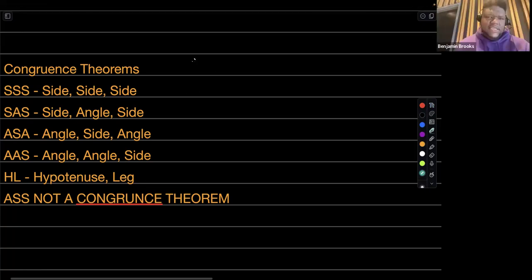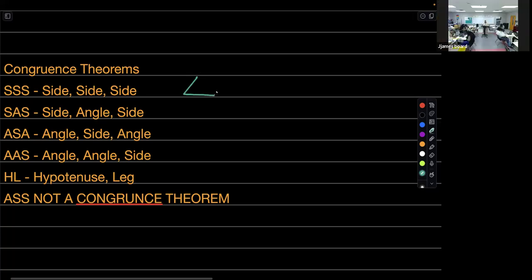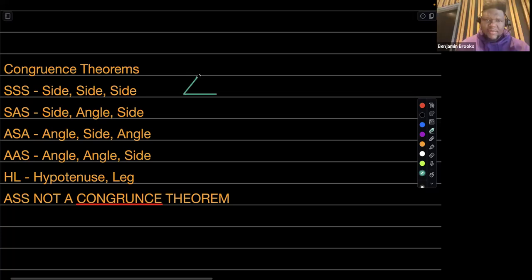Side, side, side is the easiest one. I'm just going to go ahead and create some triangles here. So go ahead and keep writing down all of these if you haven't gotten them yet.